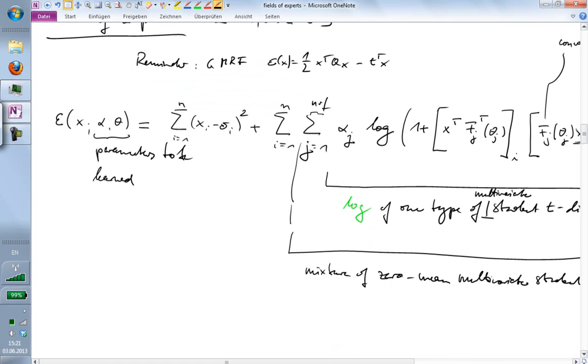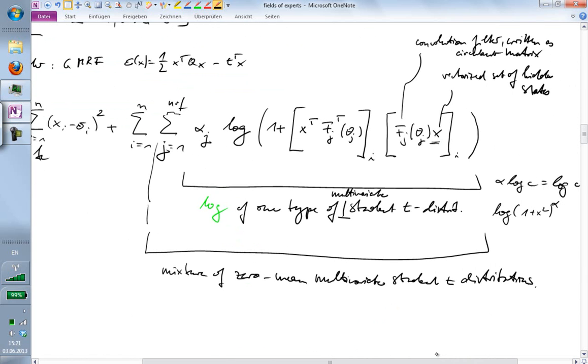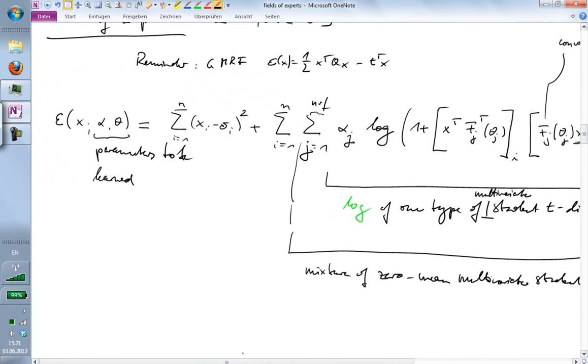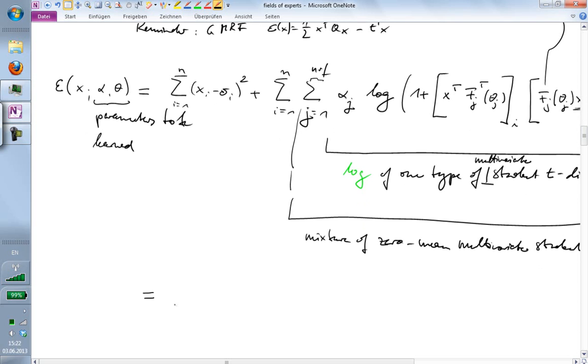And in this formula here, I'm using a weighted sum of student t distributions, or the logarithm thereof, rather. I can also observe that alpha j does not depend on i, and I can reorder my terms a little.